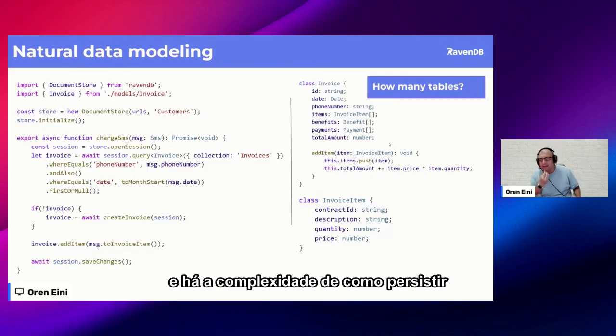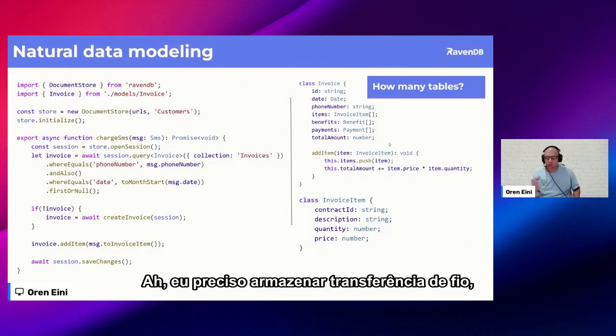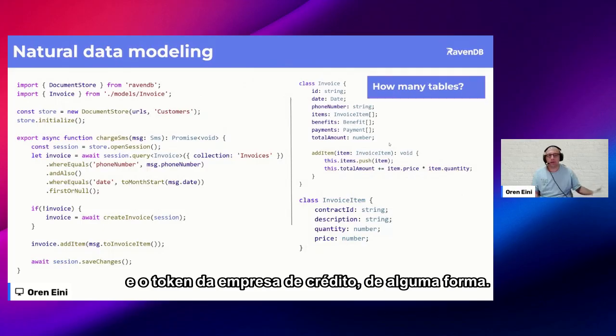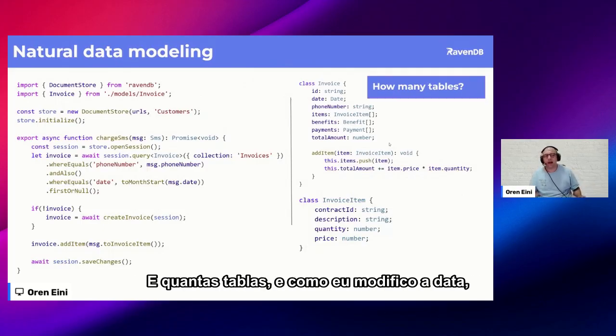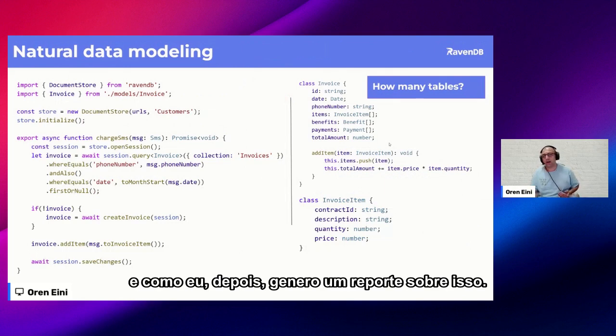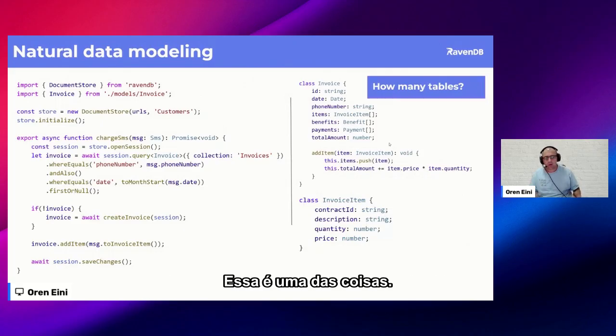And there is the complexity of how do I persist radically different data? I need to store wire transfer and the token from the credit card company in some manner. And how many tables, and how do I modify the data, and how do I later generate a report on that? So that's one side of things.